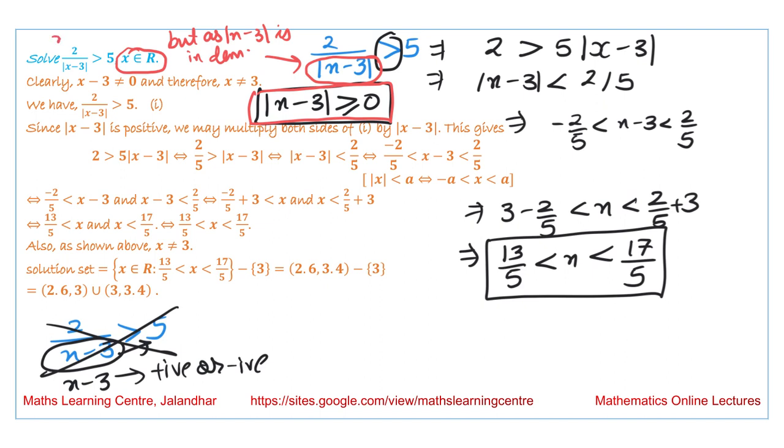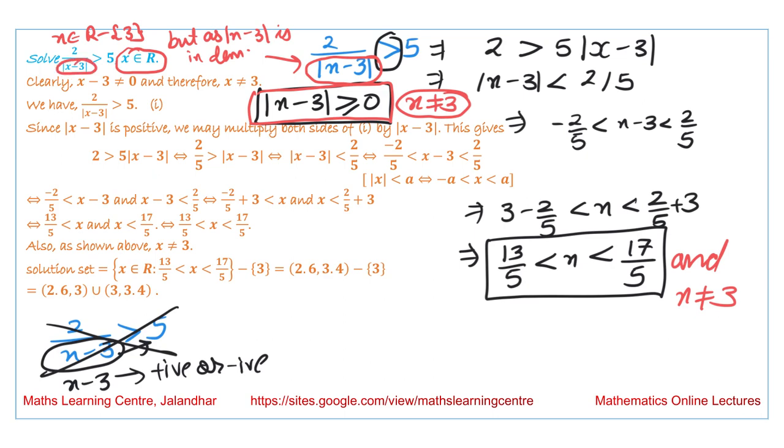It is x belongs to R minus 3, because x cannot be equal to 3, otherwise the denominator will become 0. So the solution set we have is this, and the condition we have is x is not equal to 3. It is coming from this term.